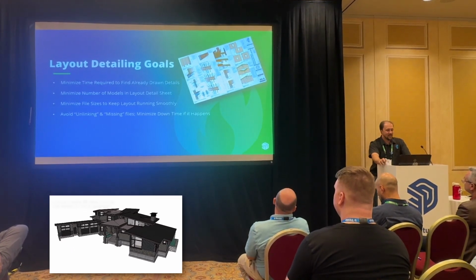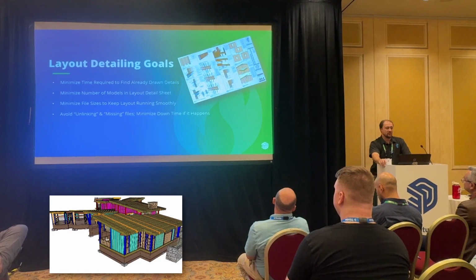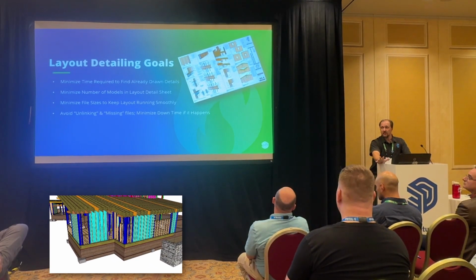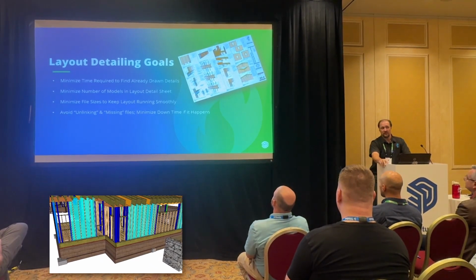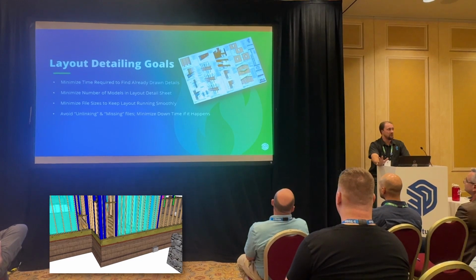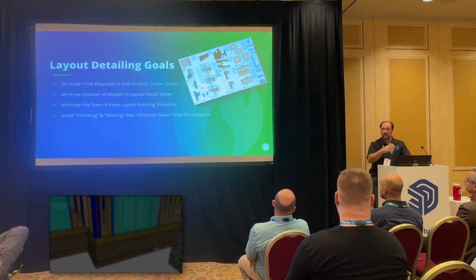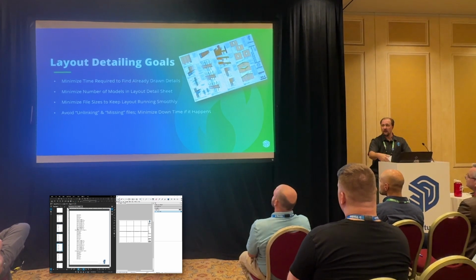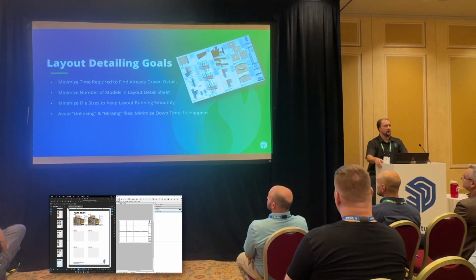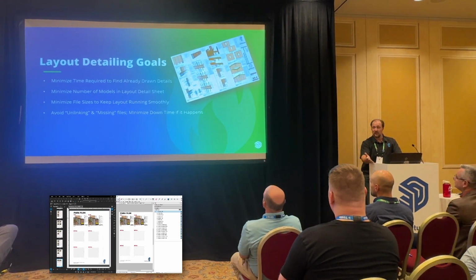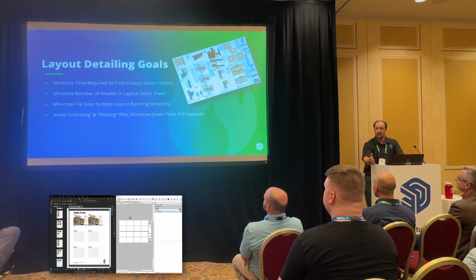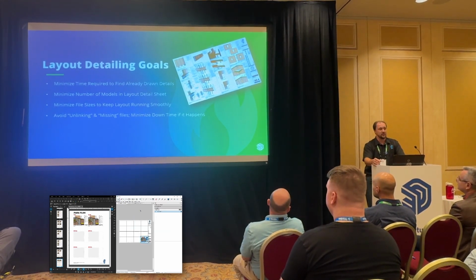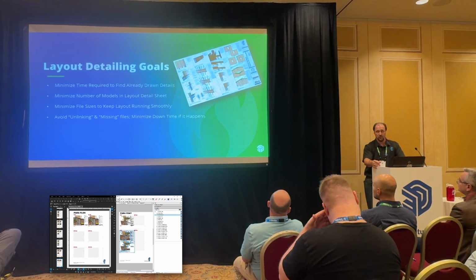All right, how do you minimize the number of models that are shown in a detail sheet? If we say a standard 24 by 36 sheet, we probably have anywhere from 9 to 15 details, depending on your sizes. That's a lot of models in a sheet, right? How do we get that down so Layout can run more efficiently? We probably noticed, we have some seasoned people in here, that the more models and more references you have in the Layout file, the worse it works.